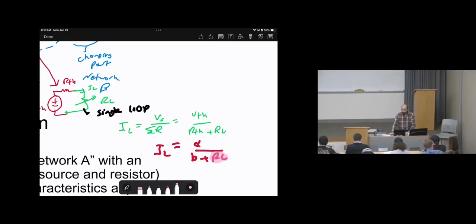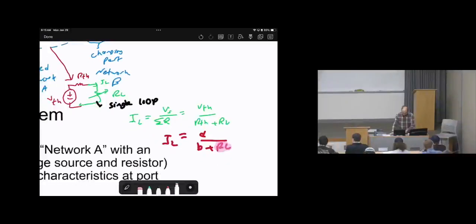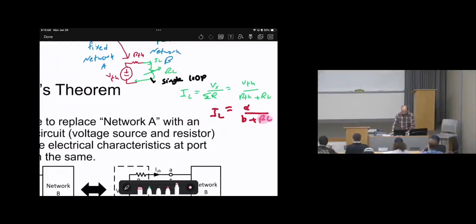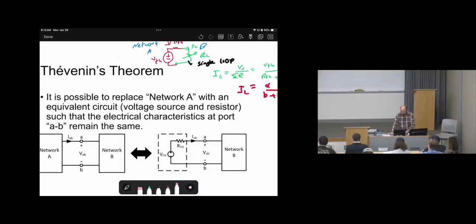Now let's go to Thevenin's theorem as a theorem itself. Now we know the application. This is one application, but actually it can be applied for several applications as well. Let's go to the theorem itself.